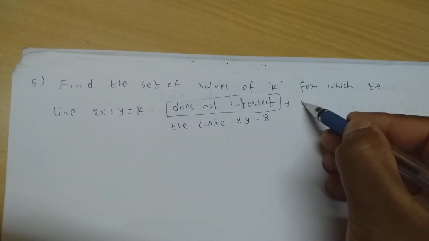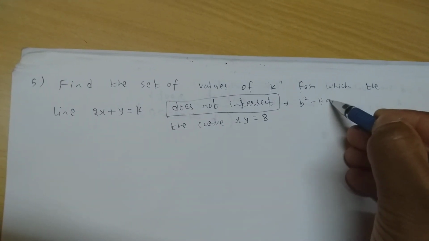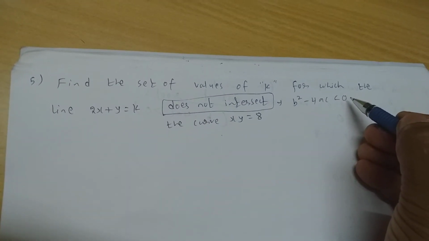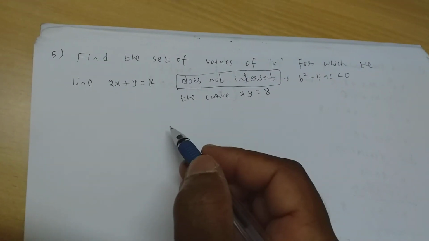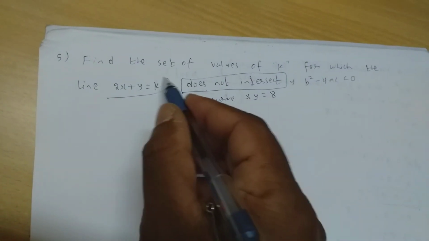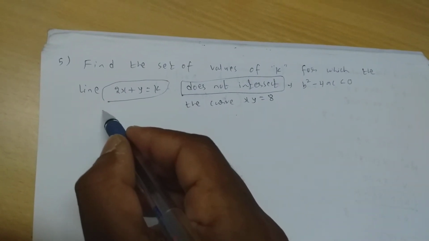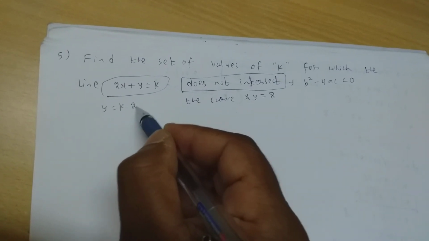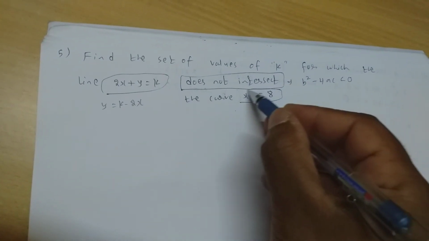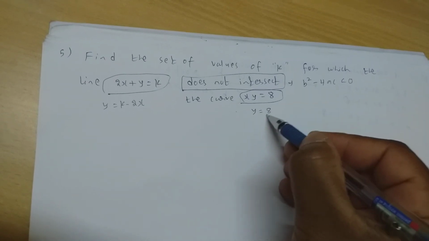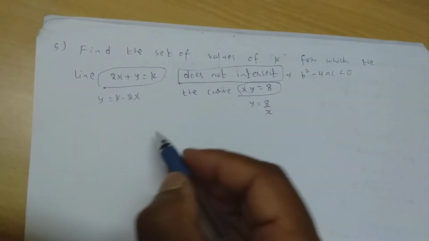Does not intersect means the condition is b square minus 4ac less than 0. So get the quadratic equation first. Make y the subject. Is y the subject in this? No. So make it. It's k minus 2x here. So what is y the subject over here? 8 by x. Equate them both.